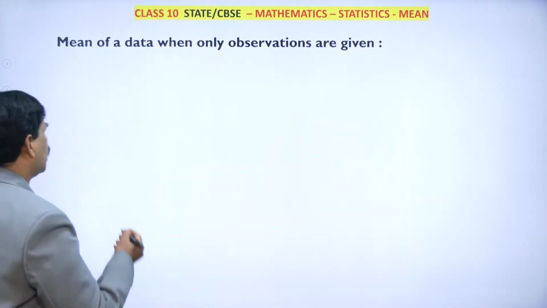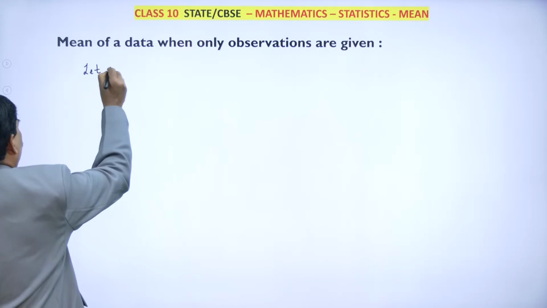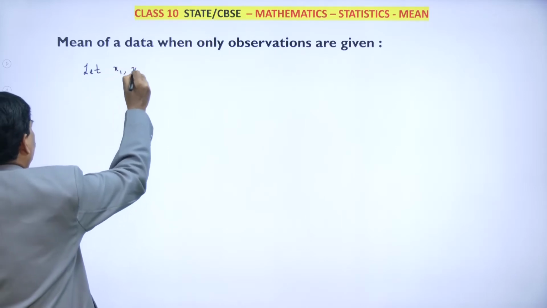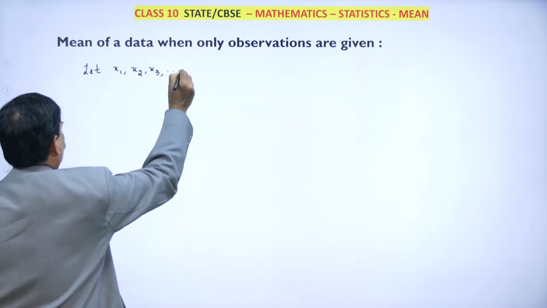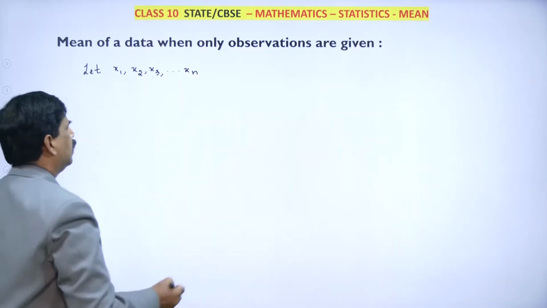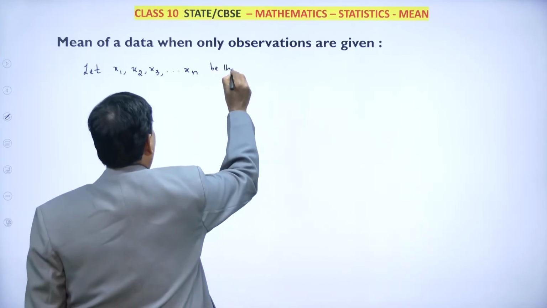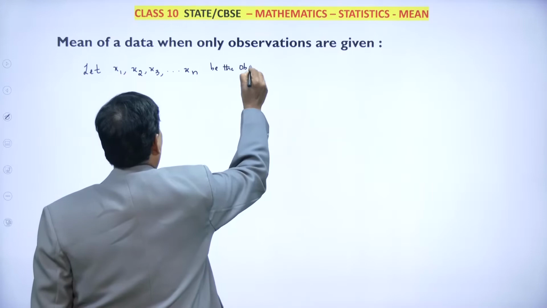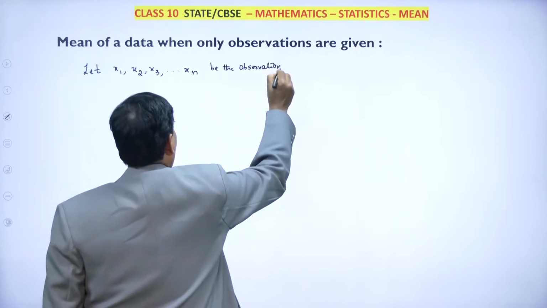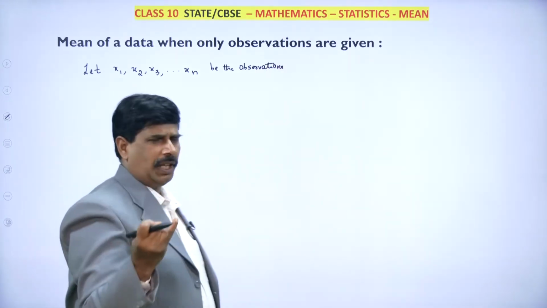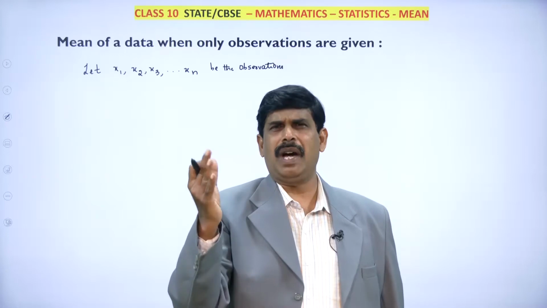Say suppose let x1, x2, x3, so on, xn be the observations. Children, you can say observations, you can say entries, you can say values.